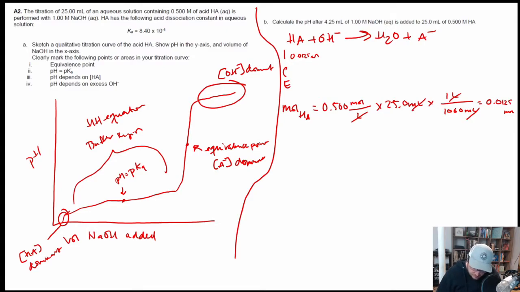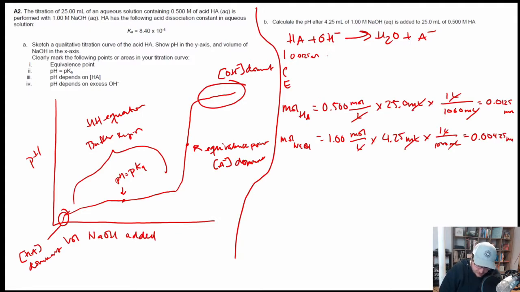And then the moles of NaOH that we're using is 1.00 moles per liter times 4.25 milliliters times 1 liter over 1,000 milliliters. Milliliters cancels, liters cancels, and we end up only with moles. We have 1 times 4.25 divided by 1,000, which gives us 0.00425 moles.